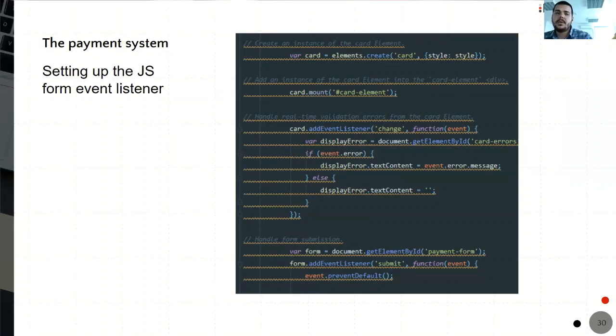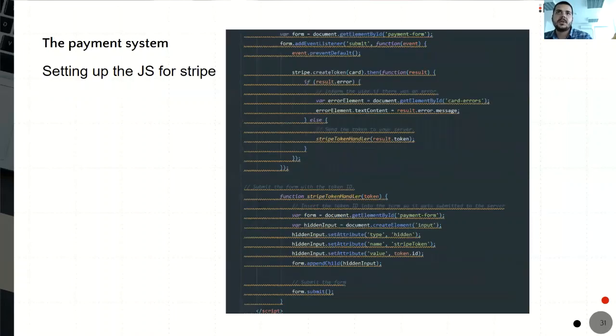Basically, all of the code here is listed on Stripe's documentation. And when we add the submit event, we actually create a token with Stripe, one single use token, which we can send to the backend and finish the transaction. You can see here that it actually adds it, and it submits the form at the end.